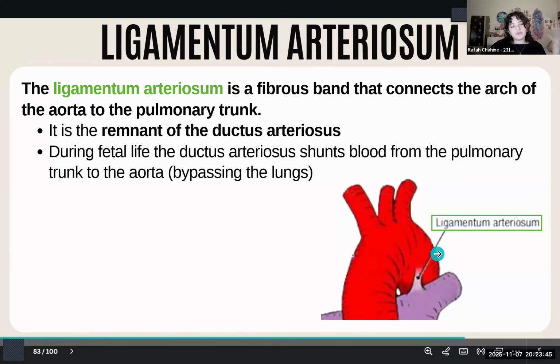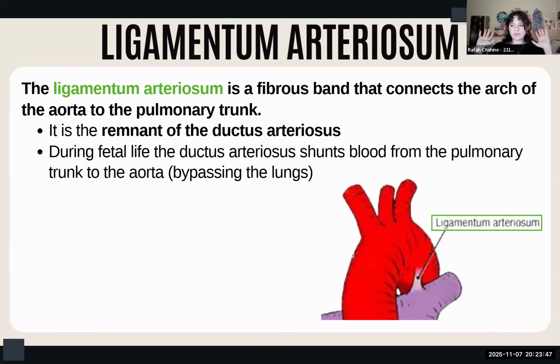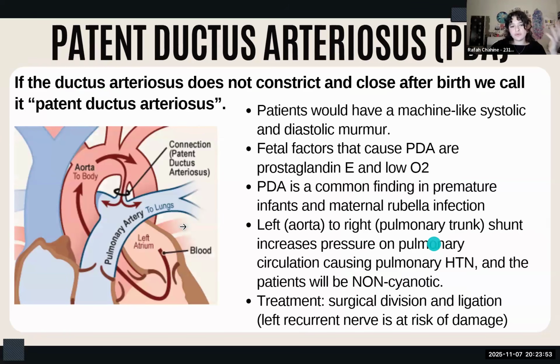Imagine if the ductus arteriosus never becomes ligamentum arteriosum. It never becomes this fibrous band. What's going to happen? We're going to get PDA, or patent ductus arteriosus, where we have a viable connection between the aorta and the pulmonary trunk. Okay, what are factors that can cause this? And this is usually obviously going to present in kids most of the time.